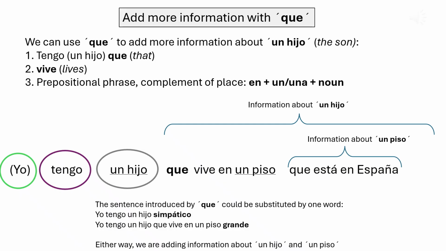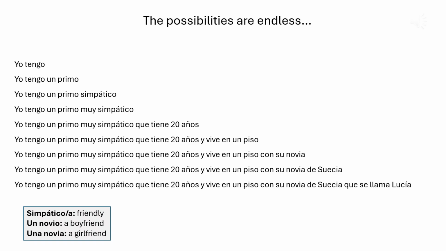So the last sentence, que está en España, that is in Spain, that is about piso. It's un piso que está en España, and that belongs to the sentence about my son. Un hijo que vive en un piso que está en España. So you can see the sentences, how you can build up, make it bigger and bigger. The possibilities are endless.